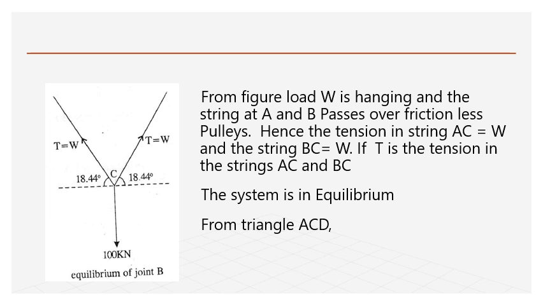So T is equal to W. As it is passing over the frictionless pulley, tension in the string AC is equal to W, and the tension in the string BC is also equal to W.